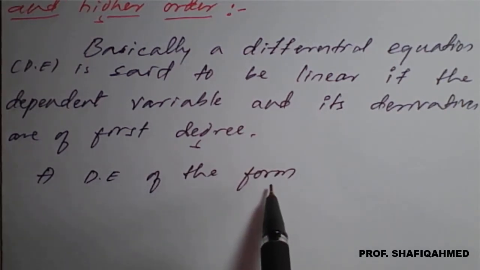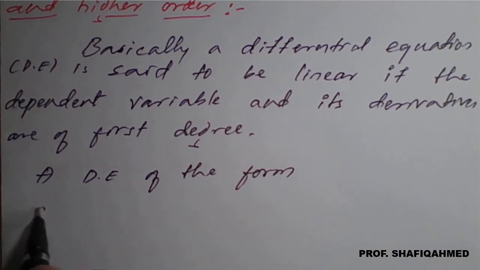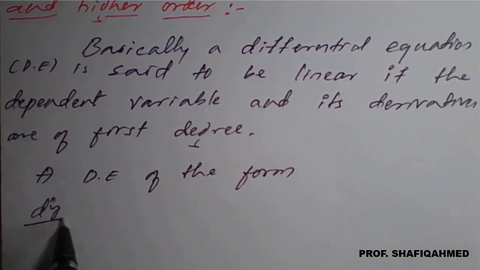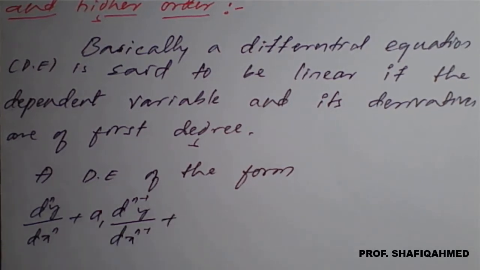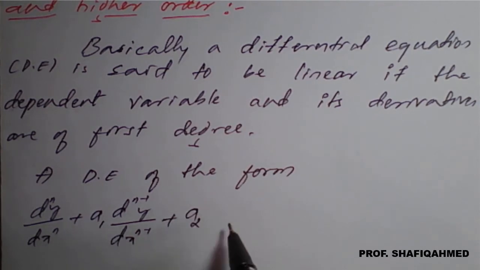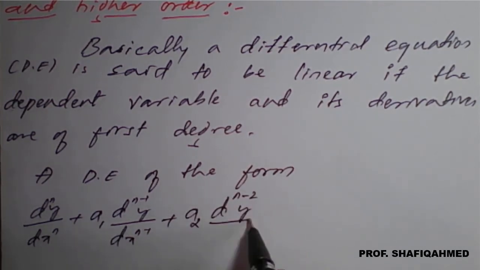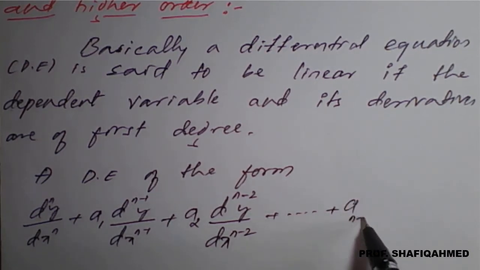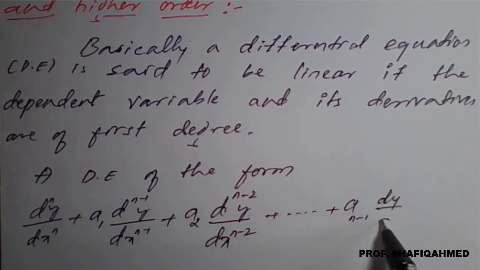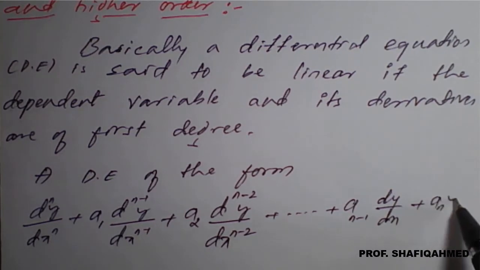A differential equation of the form, in general, d raised to n y by dx raised to n plus a1 into d raised to n minus 1 of y divided by dx raised to n minus 1 plus a2 d raised to n minus 2 of y divided by dx raised to n minus 2 plus so on, plus a n minus 1 dy by dx plus a n of y is equal to phi of x.